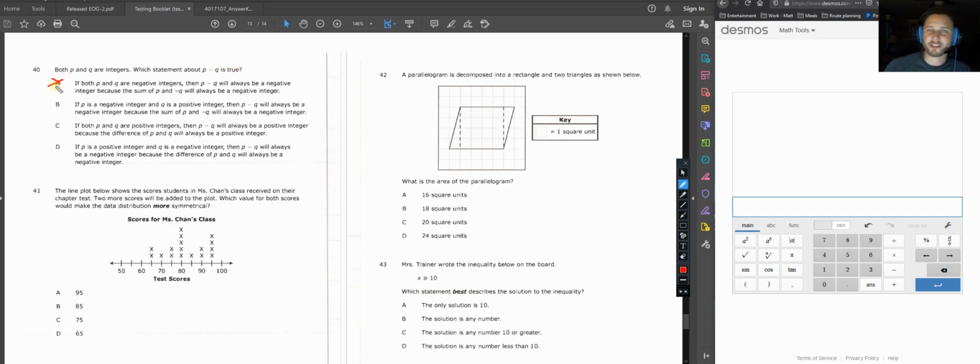That doesn't always happen. If P is negative, so -1, and Q is positive, so +1, it will always be negative. Well, in this case, it certainly does seem to be true. -1 minus 1.